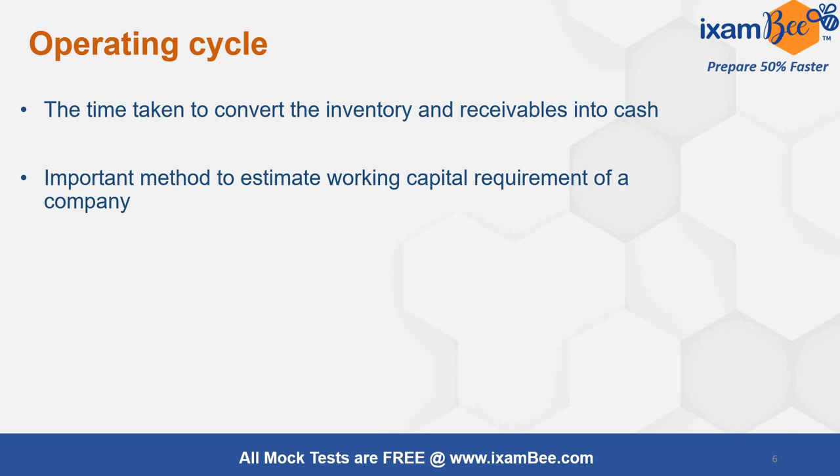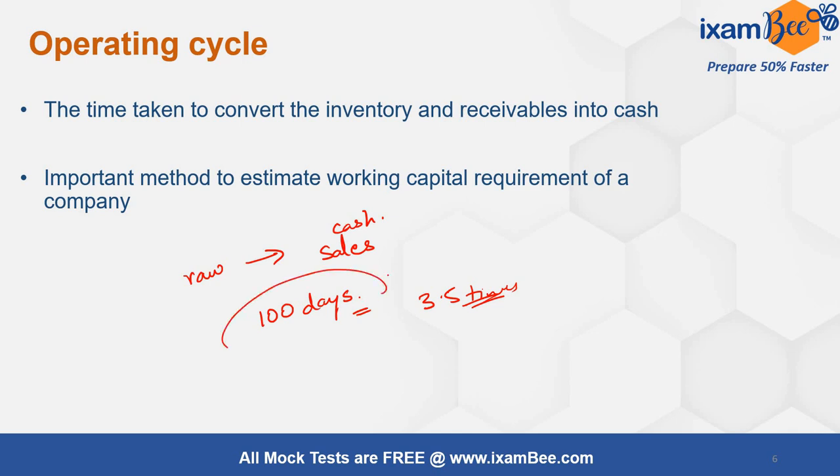It is very important to understand the operating cycle of the company, because it helps to estimate the working capital requirement. For example, if from the raw material till the cash sales happening, the production stage takes 100 days, then approximately 3.5 cycles in a year it takes for the company to convert its raw material into cash, and therefore it would require funding for at least 100 days at a stretch.